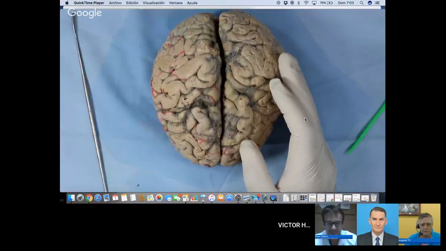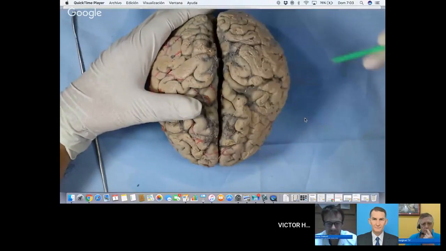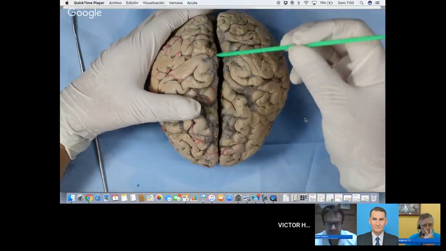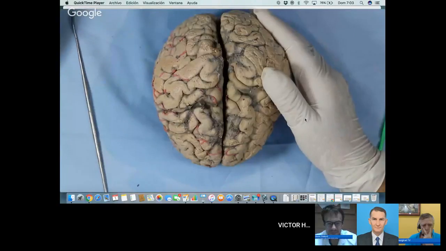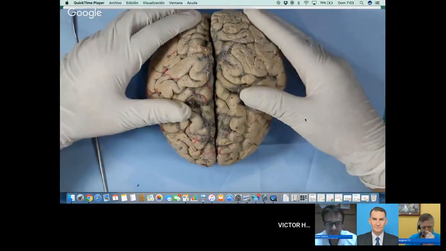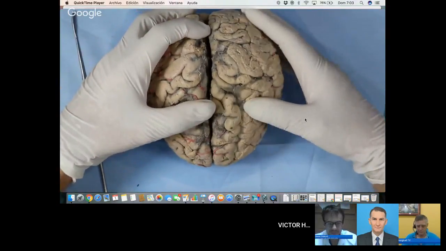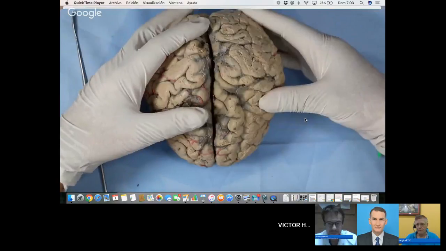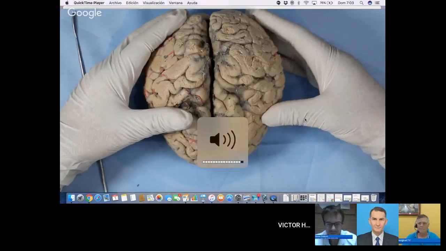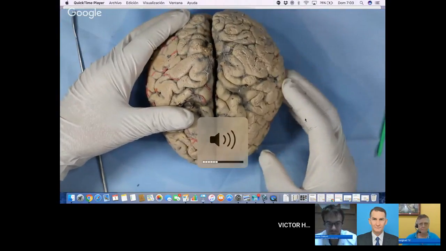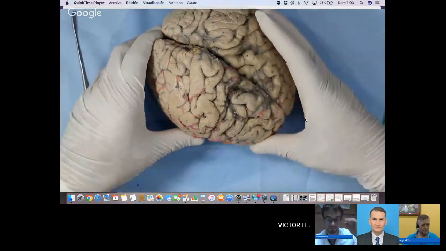This is the longitudinal fissure. I remove the dura mater. The longitudinal fissure divides the brain in two halves, left and right. Other prominent grooves, sulci, separate the lobes.